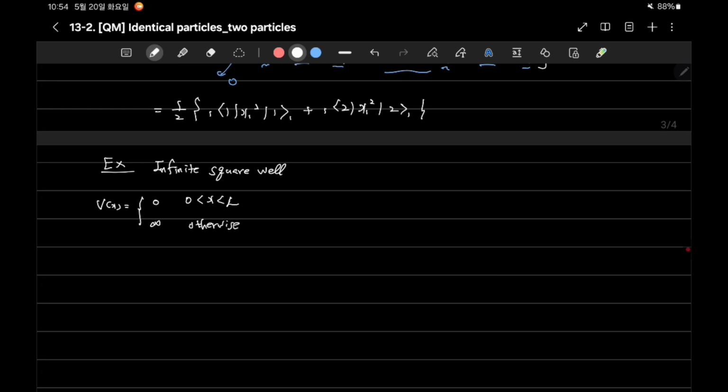From the single-particle infinite square well, the quantum state is phi_n(x) = sqrt(2/L) sine(n pi x over L).